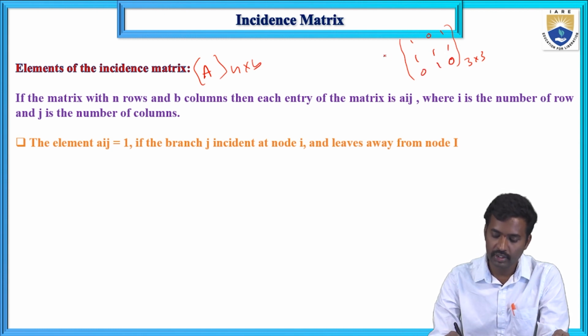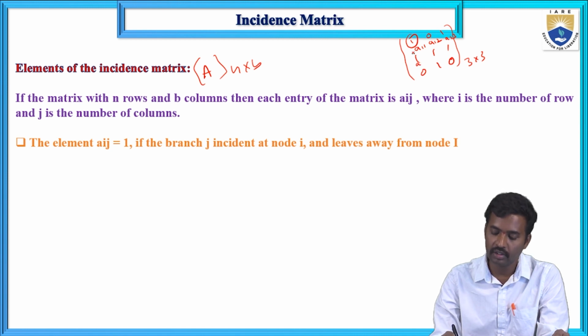Here a(1,1) is the first row, first column; a(1,2) is the first row, second column; and a(1,3) is the first row, third column, where i equals 1 and j equals 3.